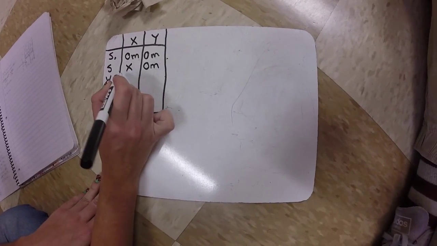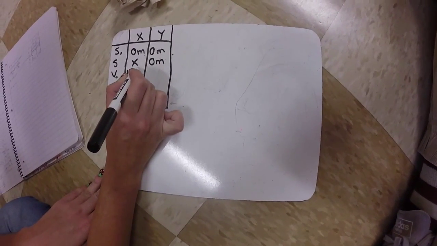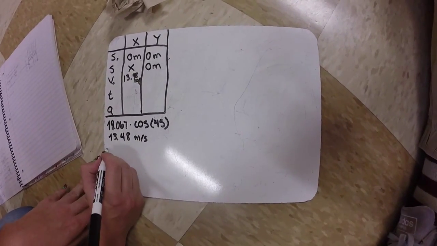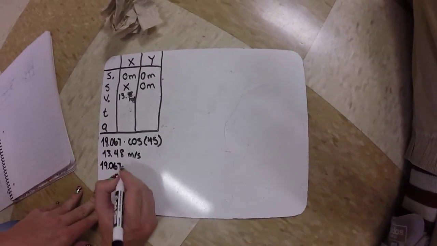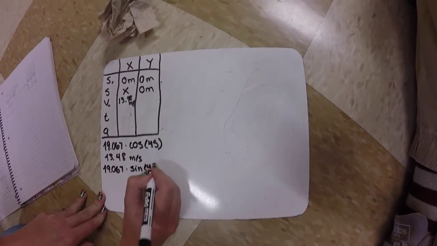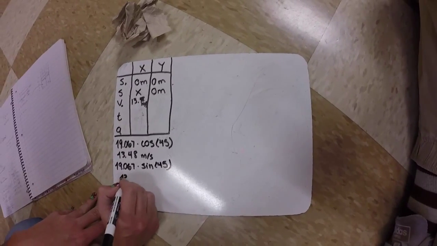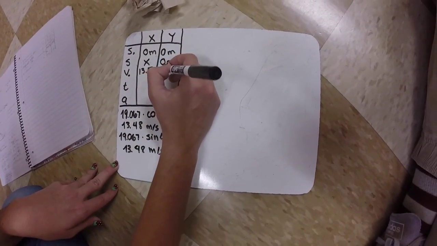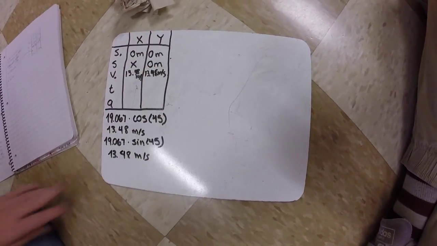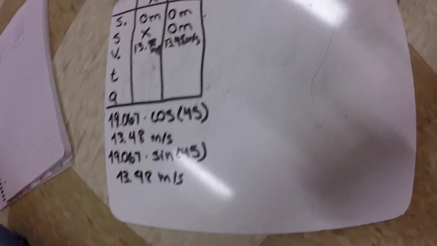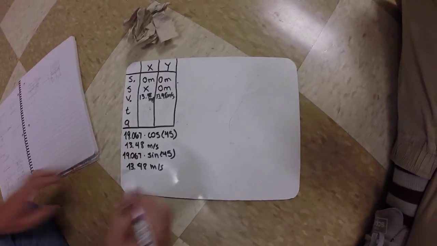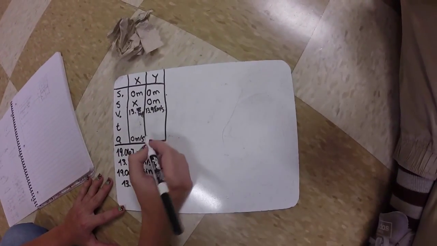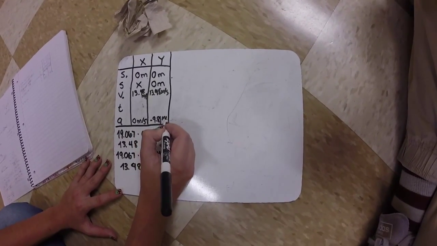For y, it's 19.067 times the sine of 45, which gives us the same number, 13.48 meters per second. For our time, we don't know what that is, but we do know that our acceleration for x is 0 meters per second squared, and for y it's negative 9.81 meters per second squared.